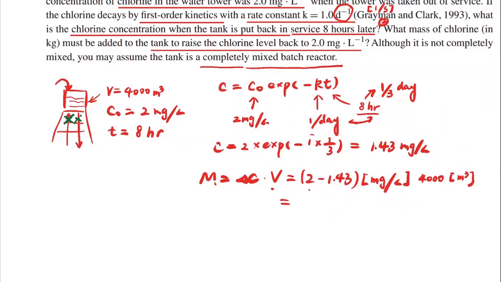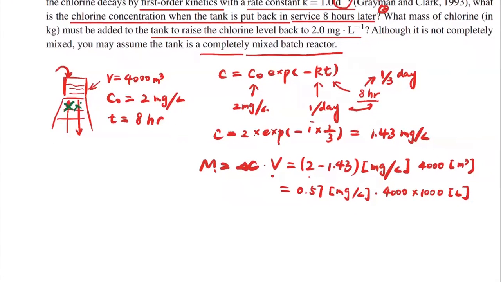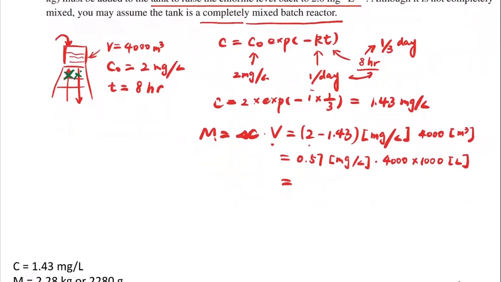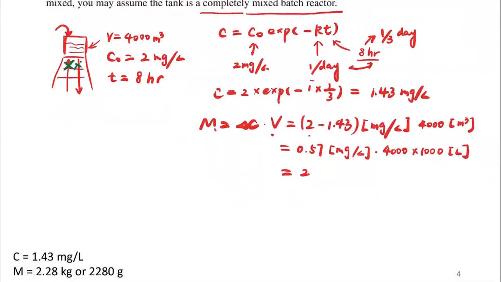Basically, this is going to be 0.57 milligram per liter multiplied by 4,000, and then multiplied by another 1,000, which has a unit of liters, right? So by multiplying all of these together, you can find that the final answer should be 2280 grams or 2.28 kilograms of the chlorine.